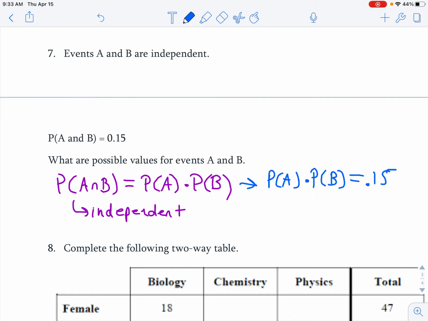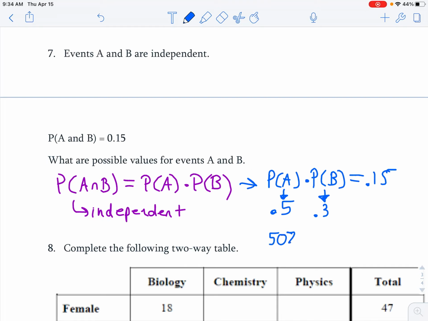So this one we have to be a little bit clever. We have to be good with our number sense. We have to multiply two numbers together that equal 0.15. The easiest way to do this is just pick 0.5, pick half, and pick a number that's double 0.15, so 0.3.